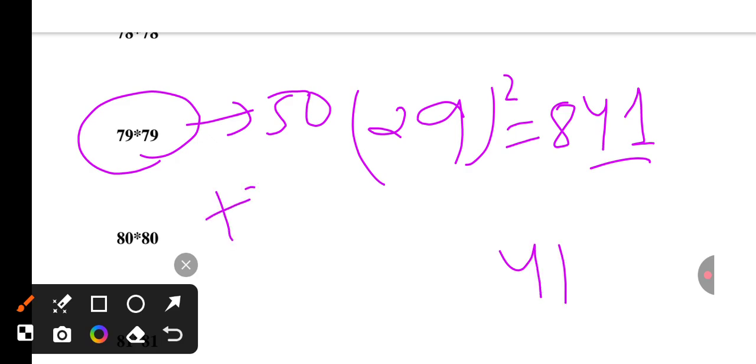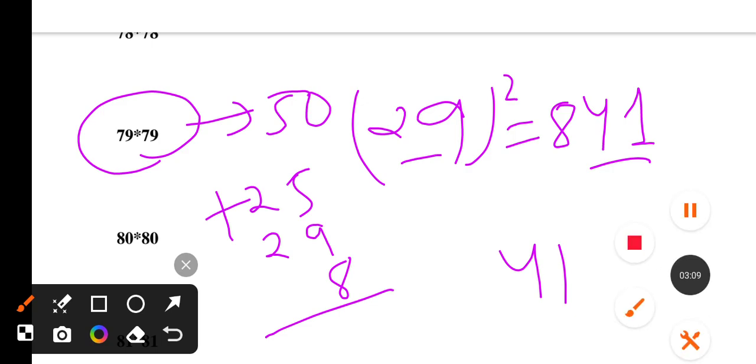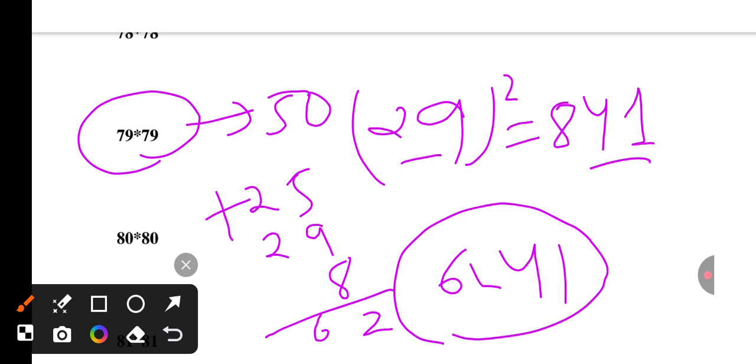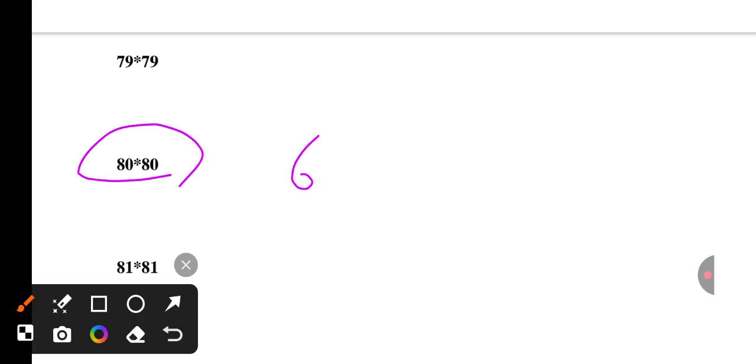Next step is 25 compulsory, this is 29, this is 8. If we add, it will become 62, means 6241 is the answer of 79 square. Okay, next 80 into 80, 6400. This is simple.